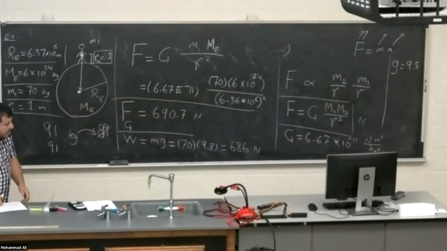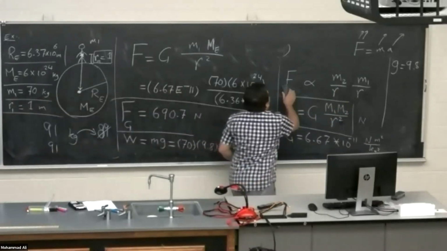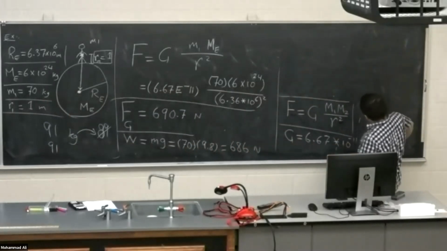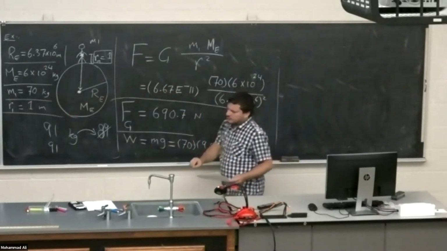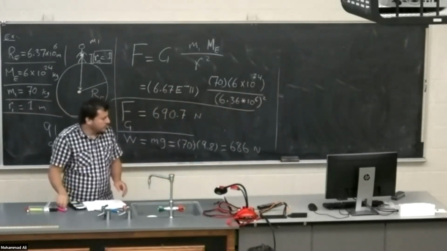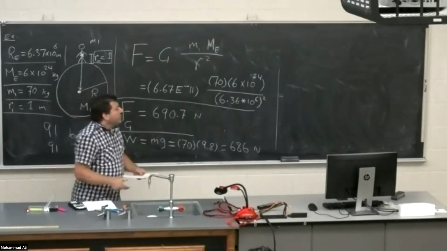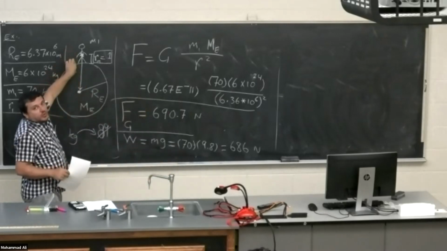Let me now calculate the acceleration and I will show you the actual value of G. What if I need to calculate the acceleration if this object needs to accelerate downward?